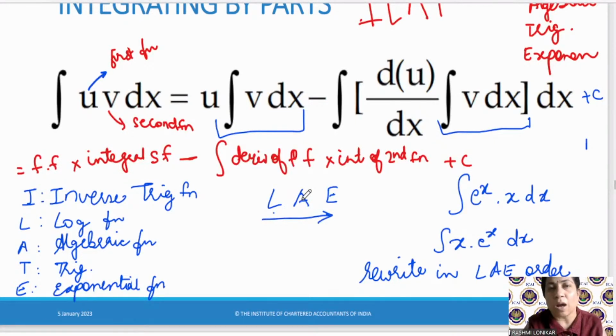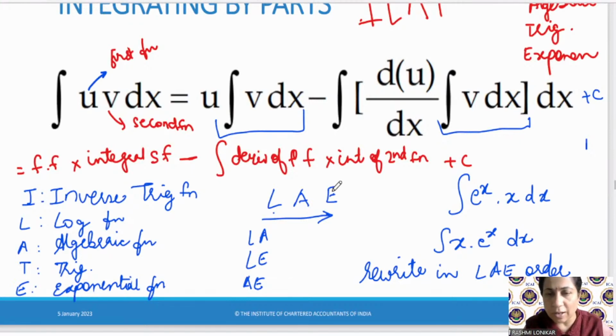Depending on the question, I may have logarithmic and algebraic, logarithmic and exponential, or algebraic and exponential. This is the order I need to follow. Is that clear? So I just have to rewrite.